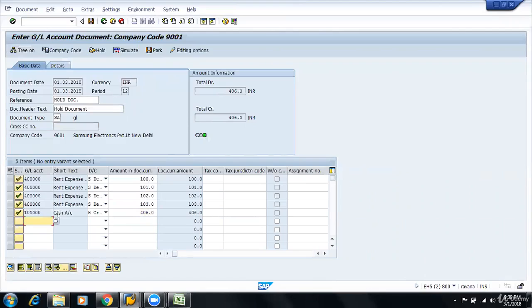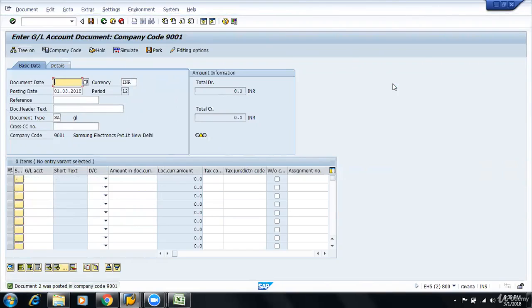So now my document is complete. Can I post this now? Yes, you can, because my debit and credits are matching and I already have the complete information for my journal entry. Posting is using this orange diskette or Control S. So now this is no more a special case of hold because the document is now posted.